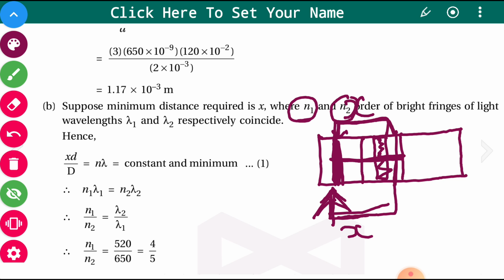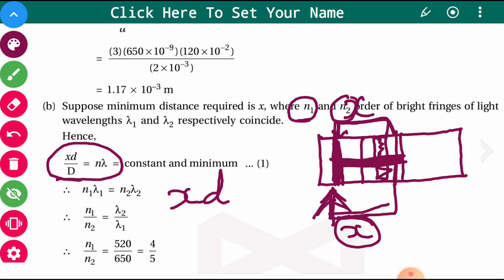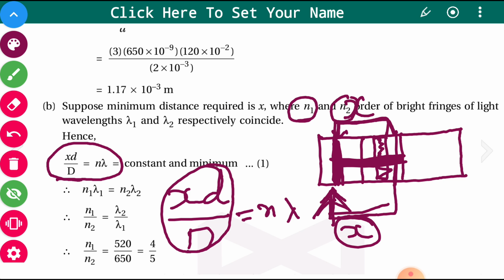So in general we have the formula x d upon capital D is n lambda. Now here x is the same for both, because the distance at which they coincide is the same. The distance between the two slits, d, is the same. The distance of the screen is also the same. Here it becomes n lambda, and this part becomes constant irrespective of wavelength.